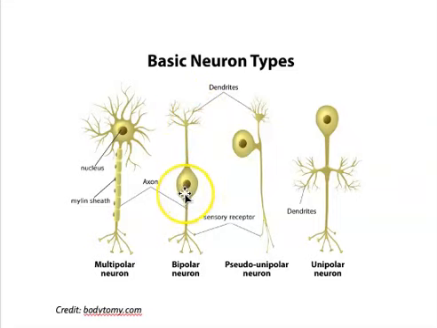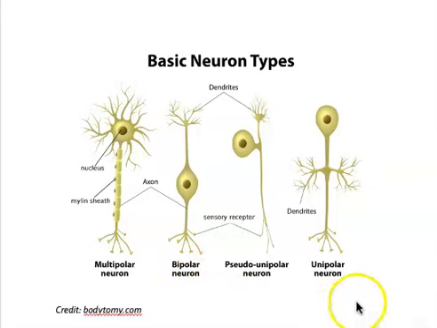And again, on the other side, we can see an axon, terminal branches, and then the knobs again. This is the kind of configuration that we refer to as a bipolar neuron. Two poles or two distinct membrane extensions. One of them is going to become the dendrites, and one of them serves as the axon.